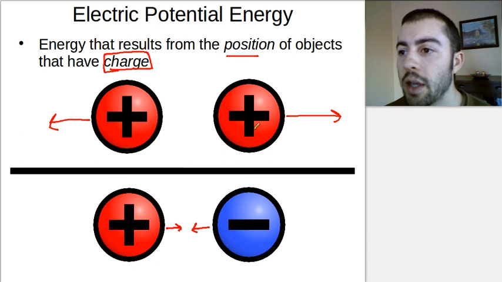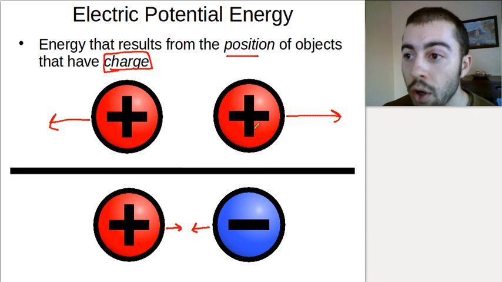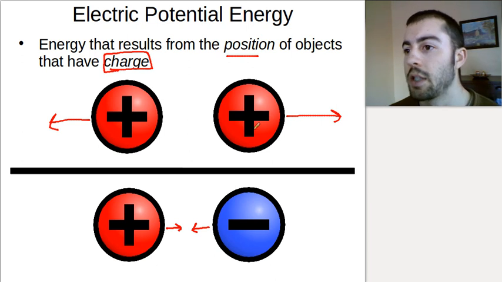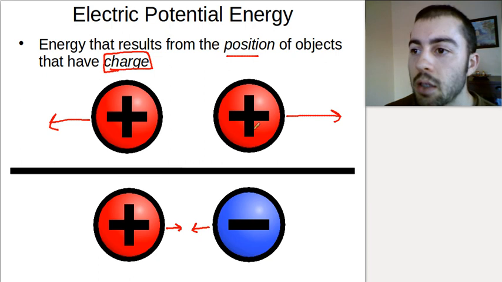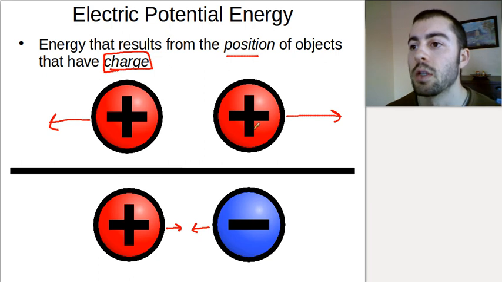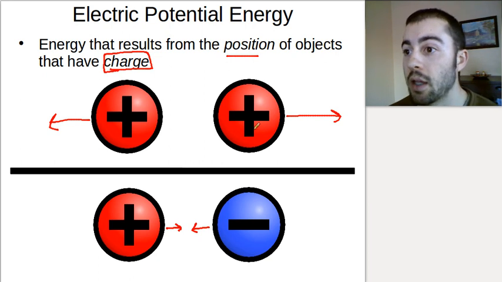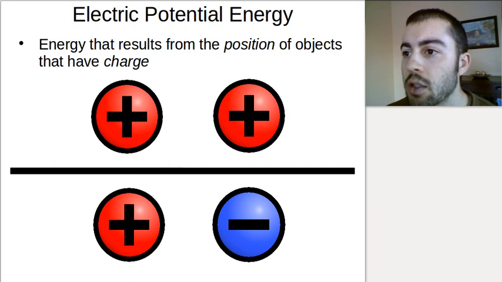So an object that has gravitational potential energy could fall down to the ground and accelerate. An object that has elastic potential energy could snap back to its original shape. An object that has electric potential energy could have the charges move because of how they're arranged. So potential energy, in summary, is all about what an object could potentially do.